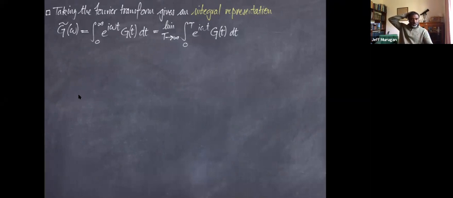And of course, the integral will converge whenever omega is a real number, but it converges also for complex numbers omega, and it converges even better when the imaginary part of omega is also positive.